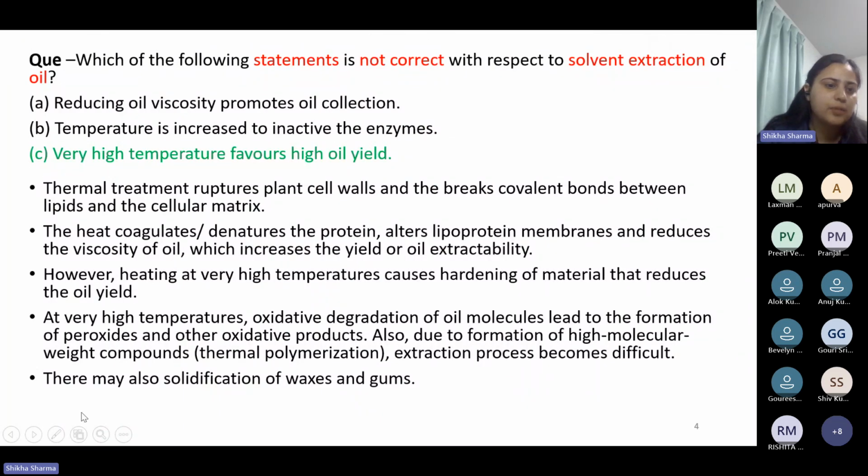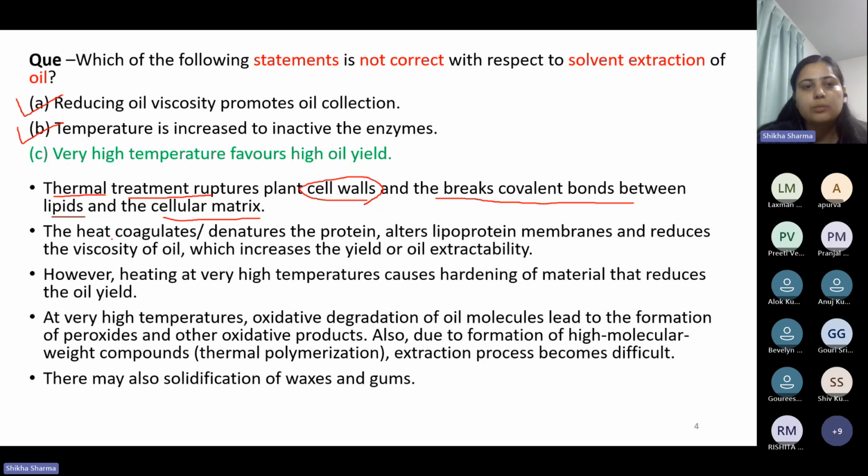But the answer is C. C is incorrect. Statements A and B are correct. So what happens when we thermally treat the oil seed? An oil seed is basically a plant cell. So when we thermally treat the plant cell, its cell wall gets ruptured, and there is a breakage of the bonds between the lipids and the cellular matrix because of the heat treatment.